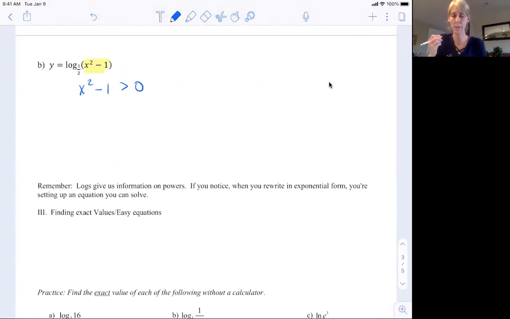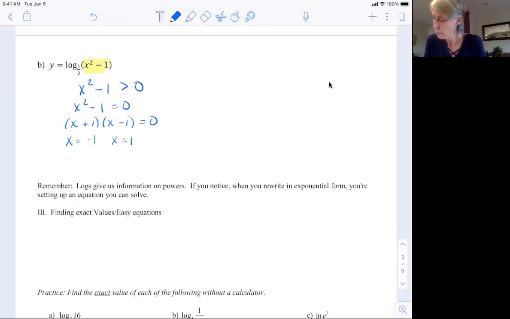This is why we reviewed it in the beginning of the year. When I go to solve this, I see I have a quadratic. So I want to set it equal to 0, find the values, and put the numbers on the number line.